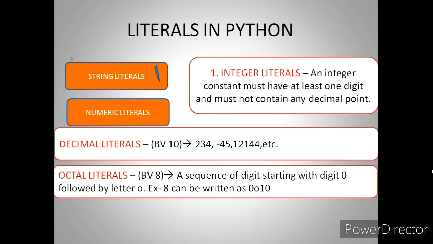It is written as a 0 followed by the letter O, and next the octal value. What will be the octal value of 8? 10. So this octal literal is written as 0o10. Find out the octal value, and only add 0 and O along with it.